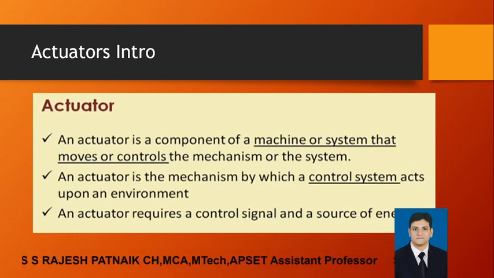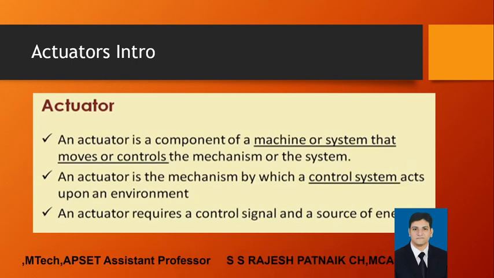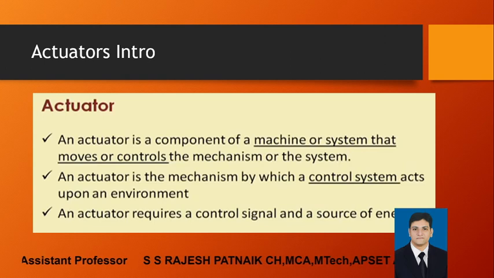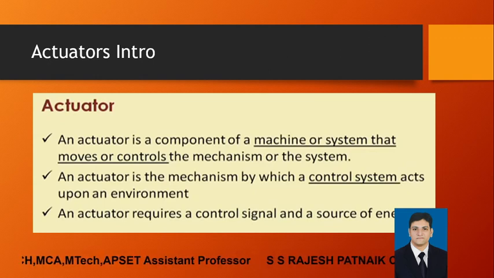Let us go and understand the third point. An actuator requires a control signal and a source of energy. That means, as I already told, an actuator is also one of the embedded devices, consisting of a collection of resistors, capacitors, transistors, etc., similar to a sensor.